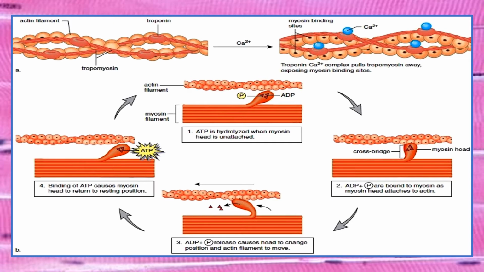This pump collects the calcium that was released into the cytosol and moves it back into the lateral sacs of the sarcoplasmic reticulum. With no calcium present, the troponin-tropomyosin complex moves back to its position over top of the actin binding sites, preventing further cross bridges with the myosin heads.